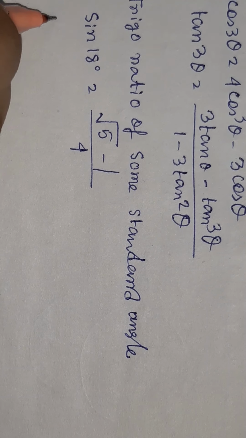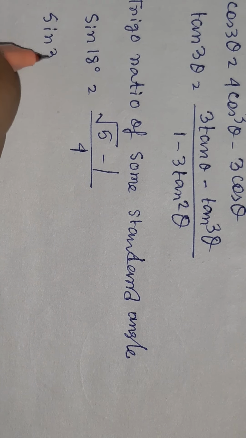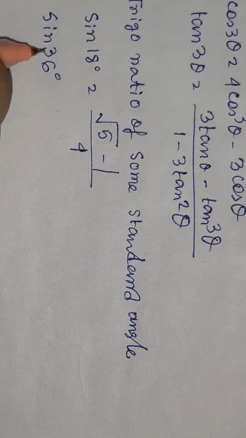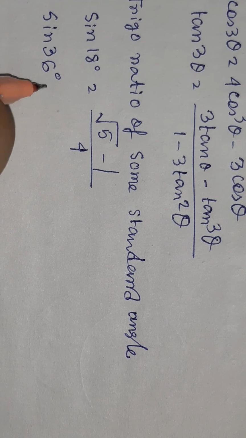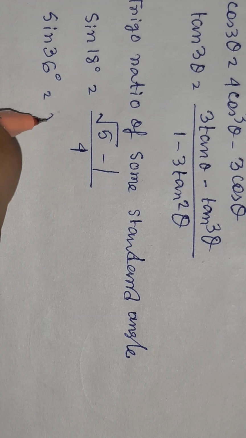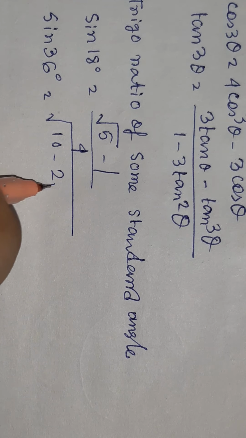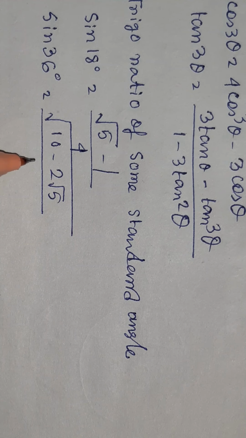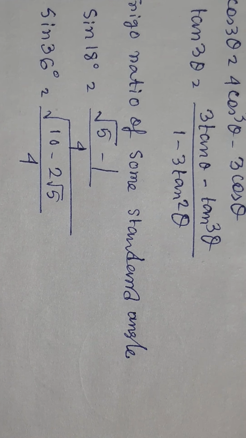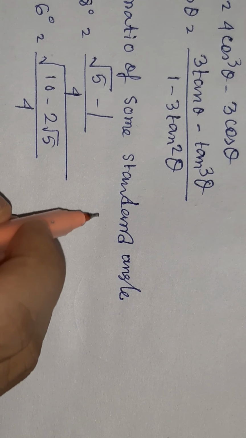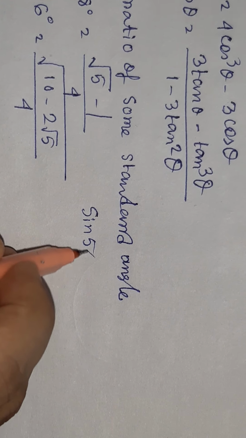What is sin 36 degree? It is equal to square root of 10 minus 2 root 5 divided by 4. Then what is sin 54 degree?